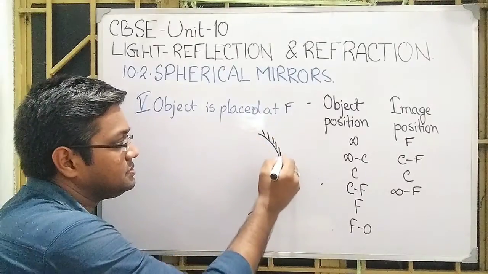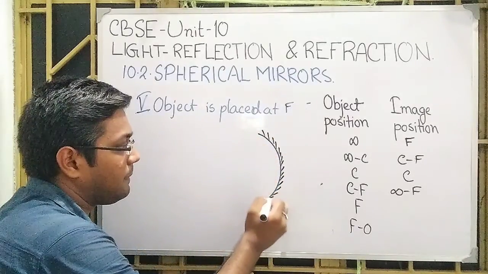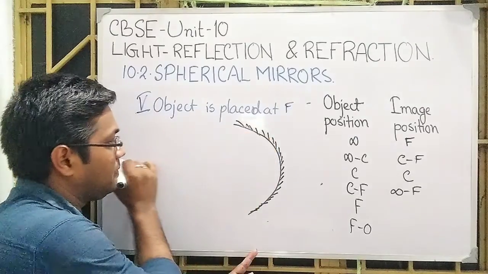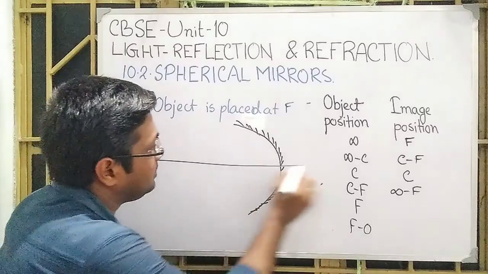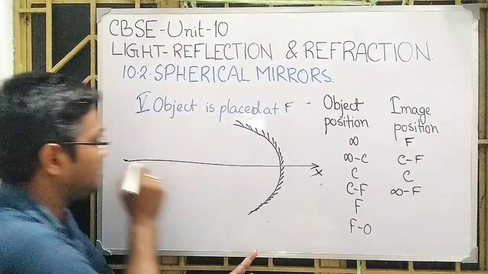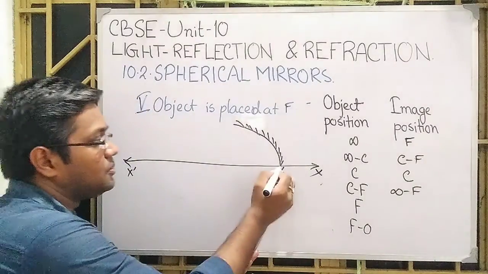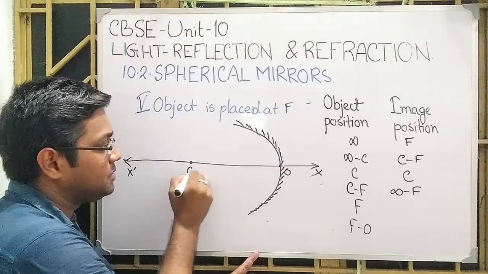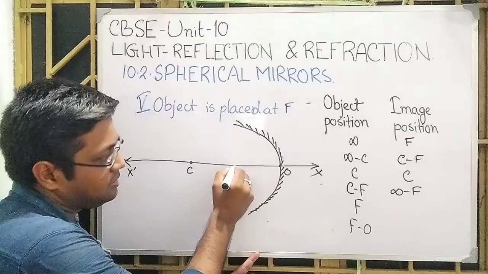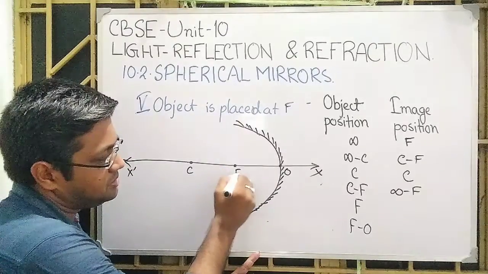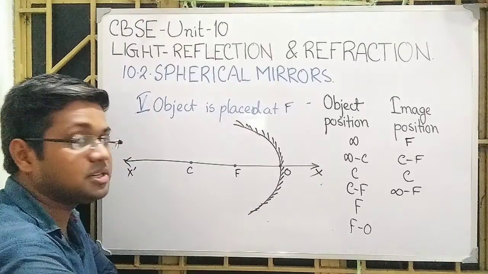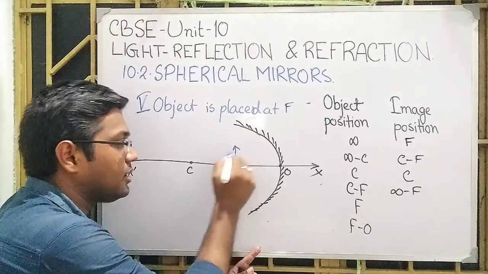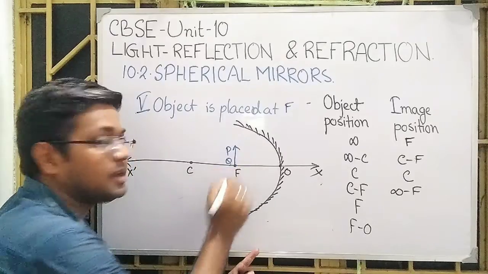Mirror, principal axis, pole of the mirror, center of curvature of the mirror, focus of the mirror. Now the object is placed at the focus, so it is somewhere here, P, Q.